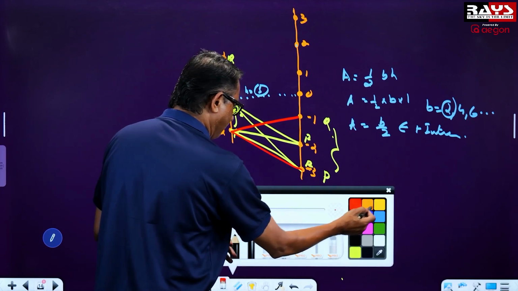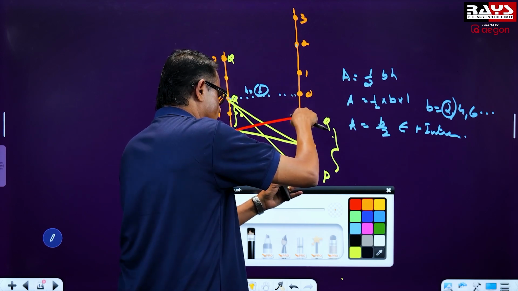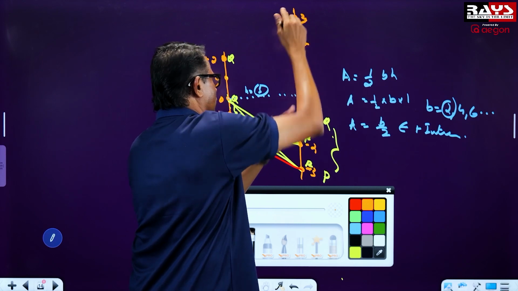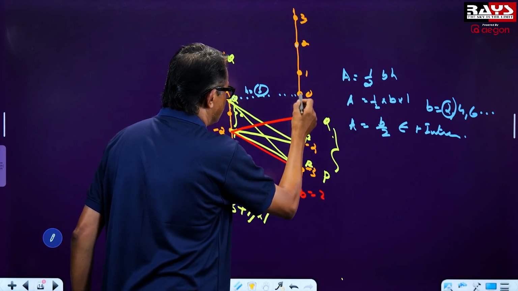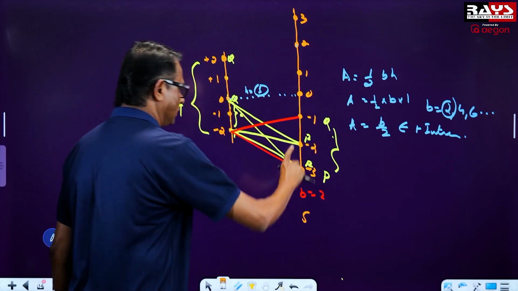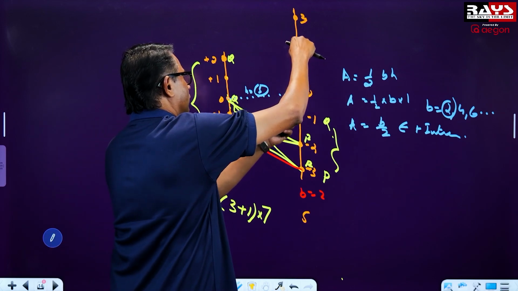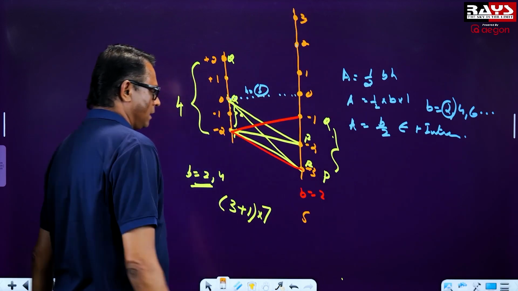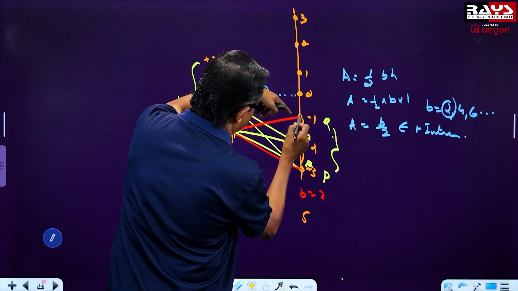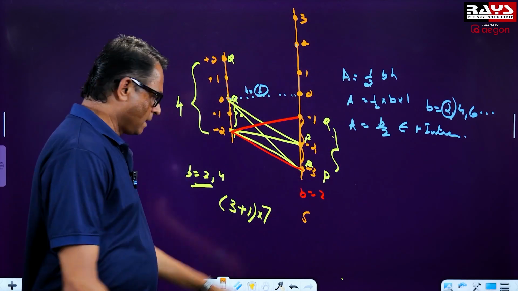This is one case, then 2, 3, 4, 5. So 5 cases will be there. We start from here, this distance is 2. So one case, again 2, 3, 4, 5 cases will be there.